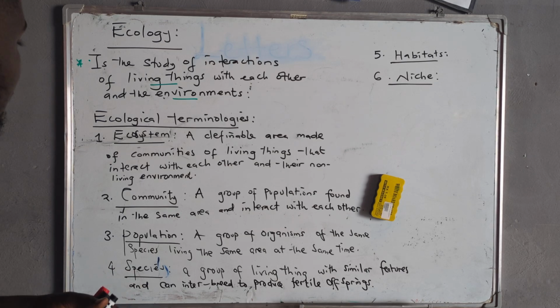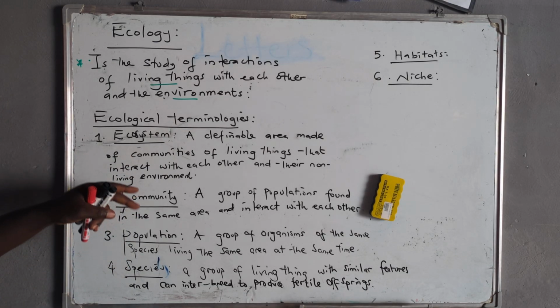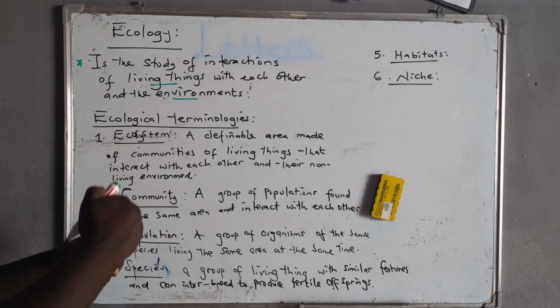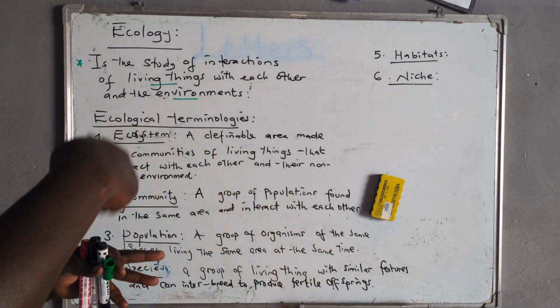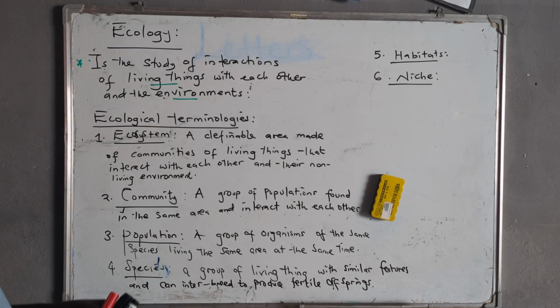Now let's look at the ecological terminologies, or rather the terms that are associated with ecology. One, we have the ecosystem, and talking about the ecosystem, you discover that it's composed of two words: ecology and system. We're talking about everything in one area.